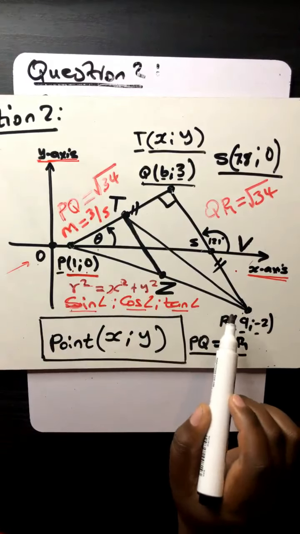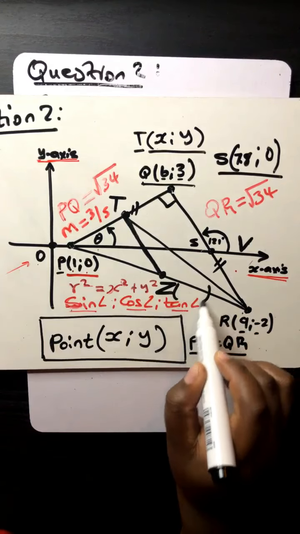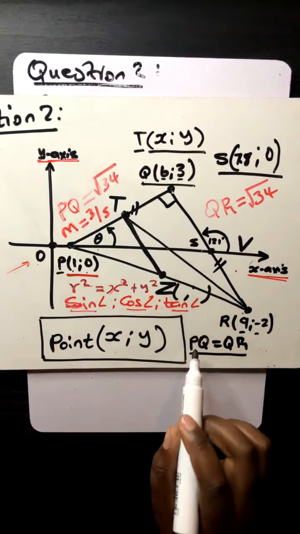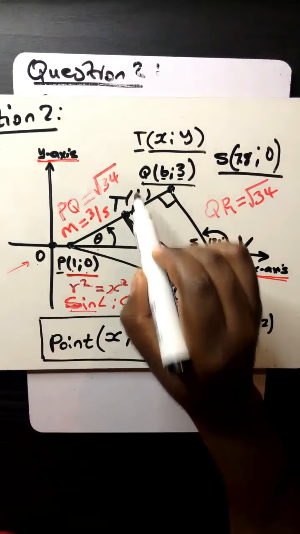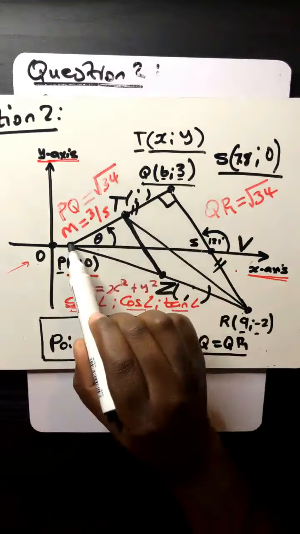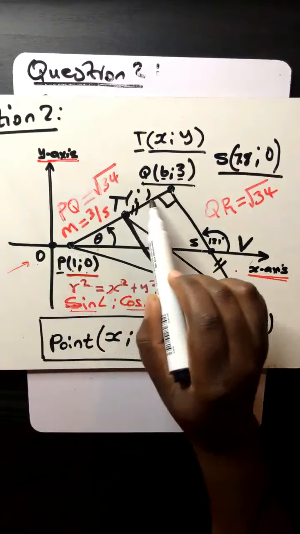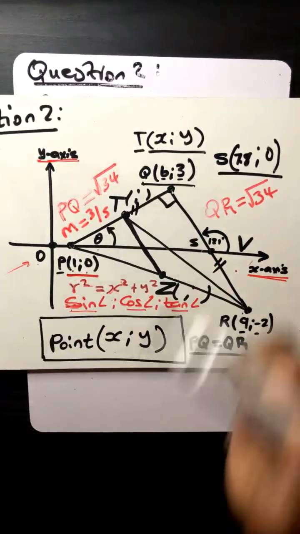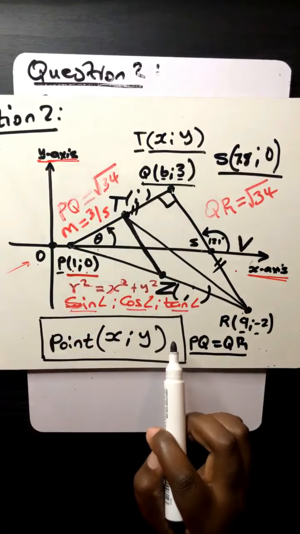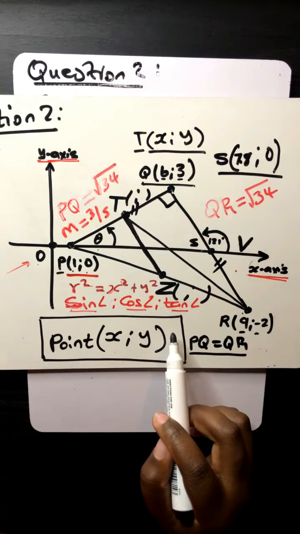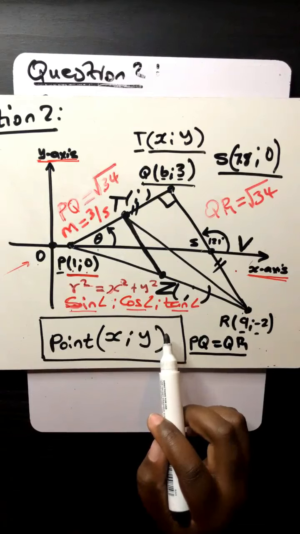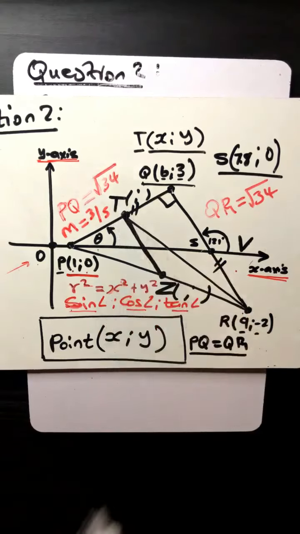You can use the midpoint formula to calculate the coordinates of Z. We already calculated the coordinates of T. If we haven't, you can still use the midpoint formula to determine the coordinates of T. Once you are done, you use the formula for determining the gradient. Then you're going to have the gradient of TZ.